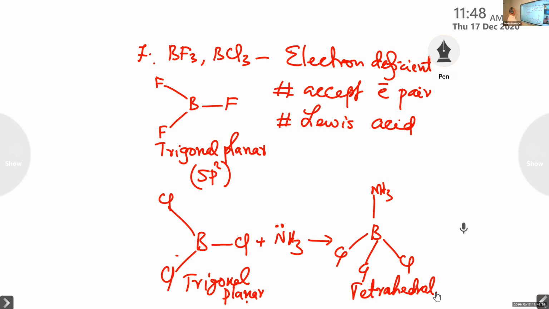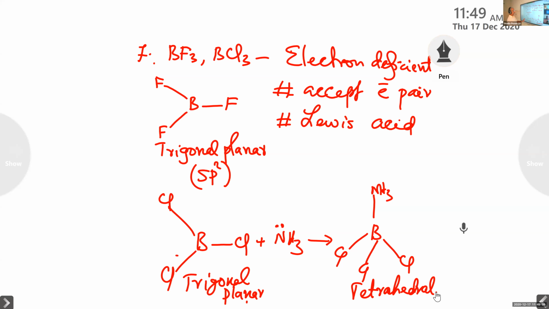Now, boron is electron deficient. It can accept a pair of electrons. So BCl3, BF3, etc. can act as a Lewis acid. Electron pair acceptor is a Lewis acid. Ammonia is a Lewis base, that is lone pair of electrons, and the electron pair donor is a Lewis base.